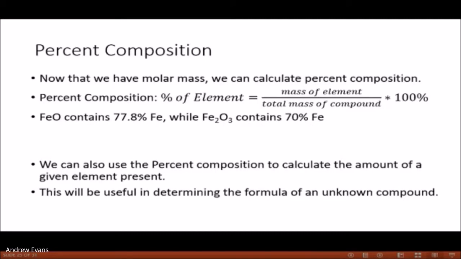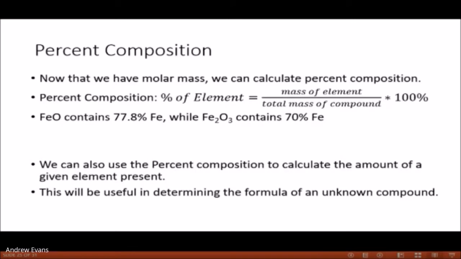77.8% iron. While Fe2O3, which is instead of iron 2, it's iron 3 oxide, iron is decreased to 70%. Because in the first one, it's a 1-to-1 ratio of iron to oxygen. In this case, it's no longer 1-to-1. There is slightly more oxygen. Instead of 1-to-1, it's 1-to-1.5.